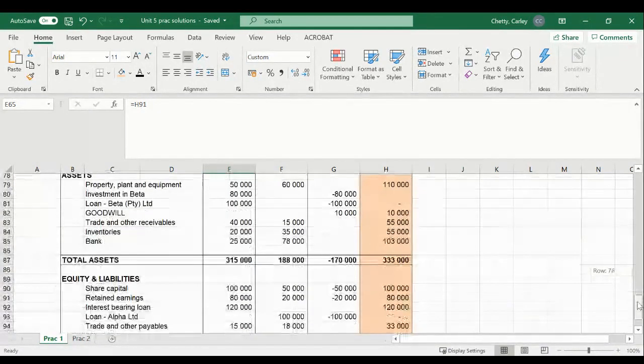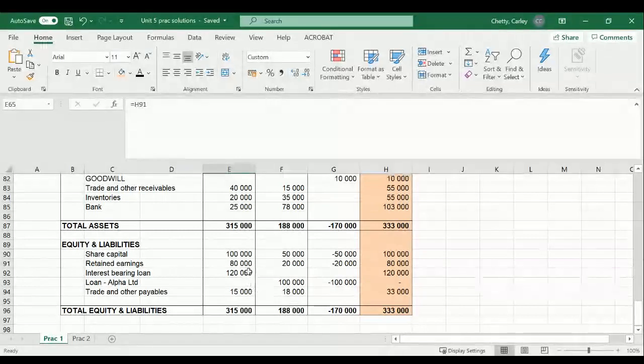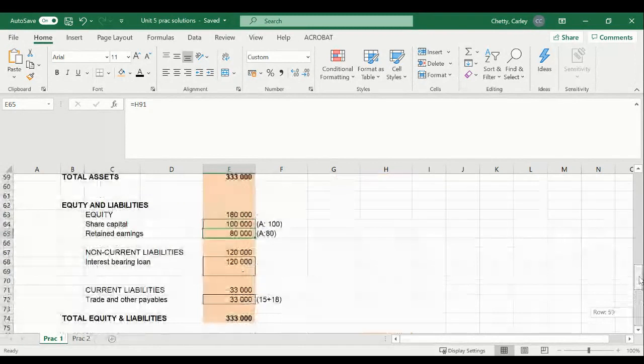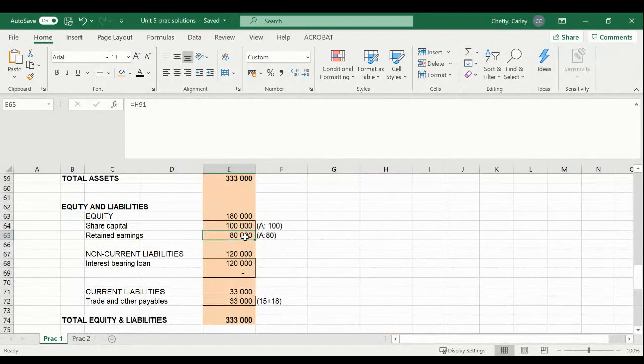Remember when we did our workings here, we added the retained earnings of both, but then the pro forma journal entry eliminated the equity in Beta. So therefore, in our consolidated statement of financial position, we are just showing the retained earnings of Alpha essentially.